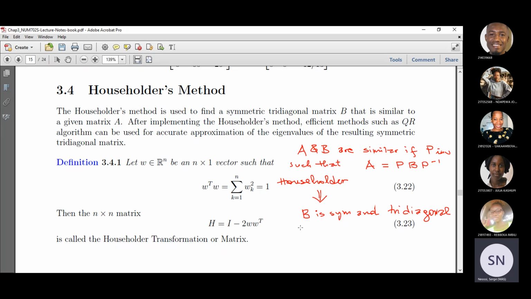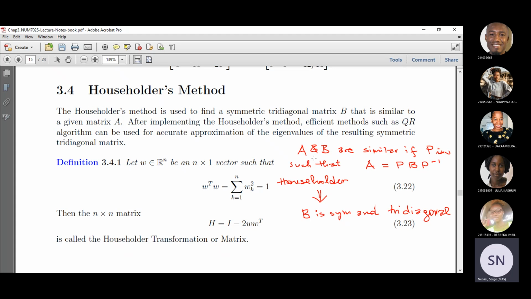So that's the main purpose. You have something of this form because they are similar. Symmetric matrix B that is similar to A. So this B will be symmetric and tridiagonal. And we have that. So we are able to find an invertible matrix P such that A can be written in this form, where B is symmetric, tridiagonal. Obviously, A also is symmetric, right?